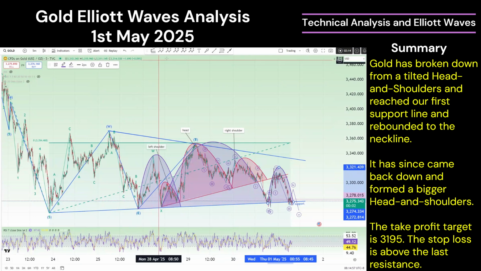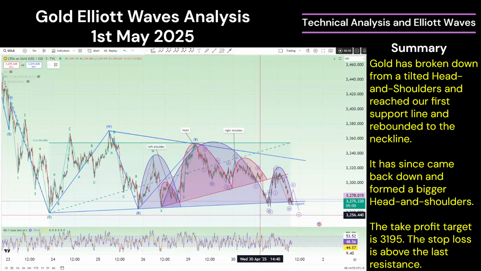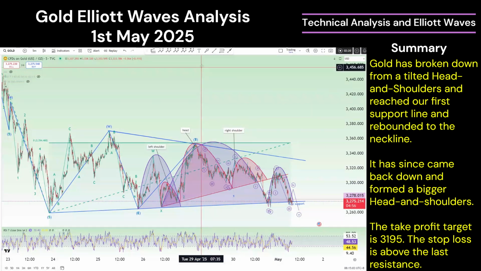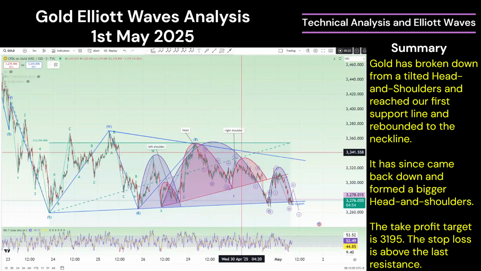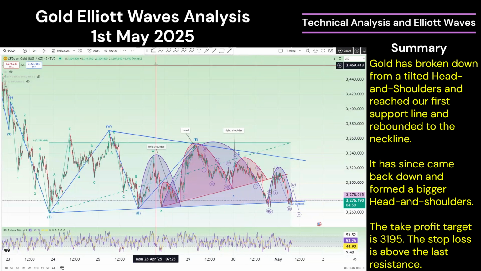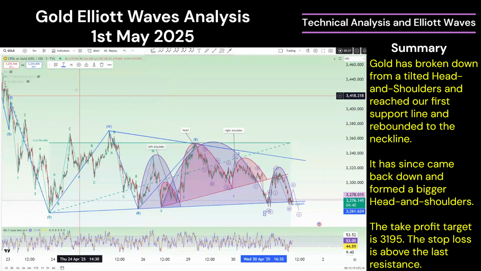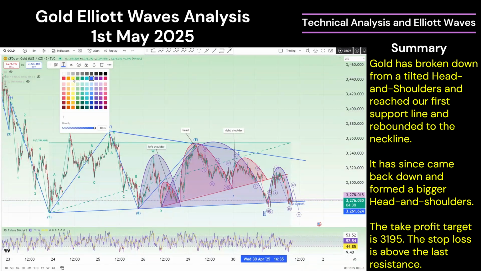My preferred count will actually be that this is wave 1, this is wave 2, right? Oh, it's slightly over here. And then this move down itself will then be a wave 1 of a different degree, right? So let me just change the text color.